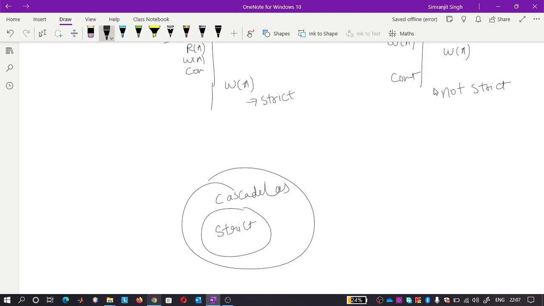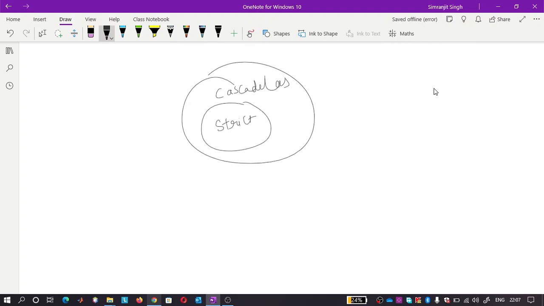Now if you just want to see the actual difference between the recoverable and strict part, in simple terms you can think of it that if there are two transactions, you place the commit after that because you're reading from T1. So this is simply what you can call a recoverable transaction.